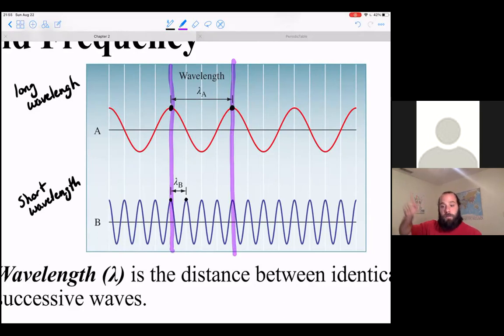How many cycles does that wave go through? You see that our long wavelength wave goes through 1 cycle. So this would be a relatively small frequency. But our short wavelength light goes through many different cycles, 1, 2, 3, 4 different cycles in that same period of time. So this would have a large frequency.